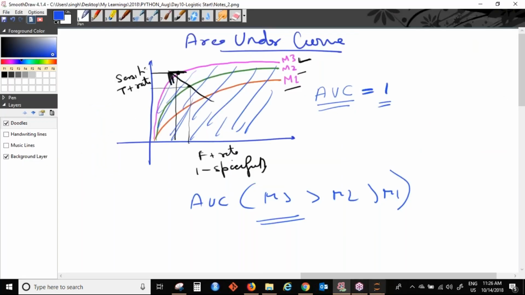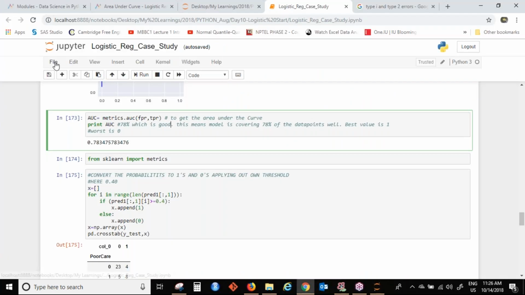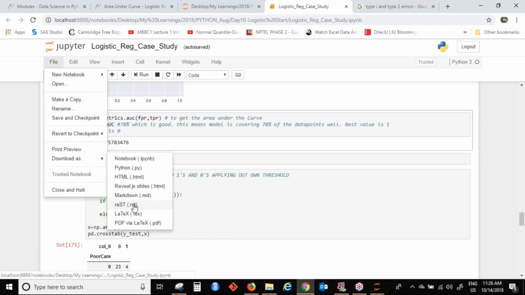How do you convert a Jupyter Notebook to PDF? It's very easy. Just go here, File, Download as PDF. You can download it as HTML also, so that people who do not have Python can also read it.